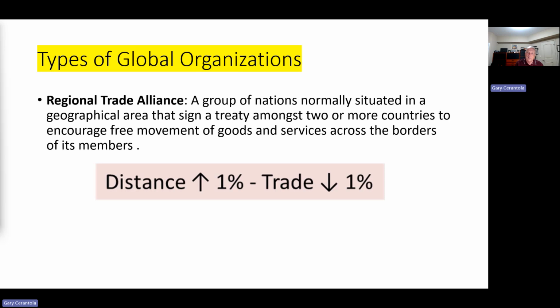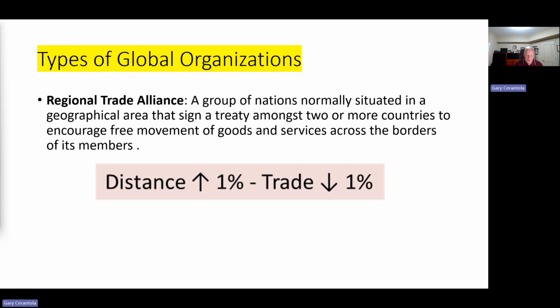And what you need to understand is that as the distance increases between countries that trade, the trade drops. So if you're in close proximity to your alliance partners, or you're in the trade alliance, you can do a lot better.